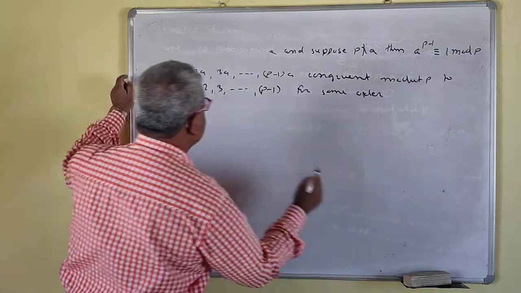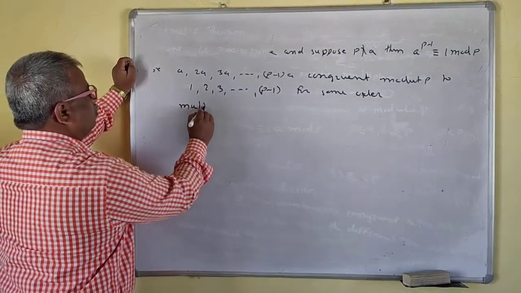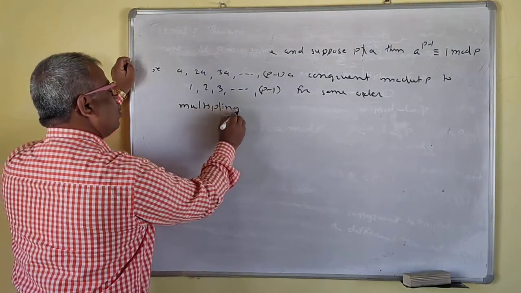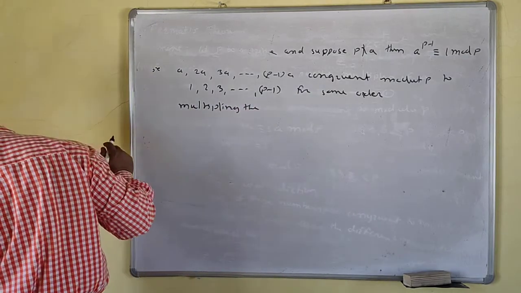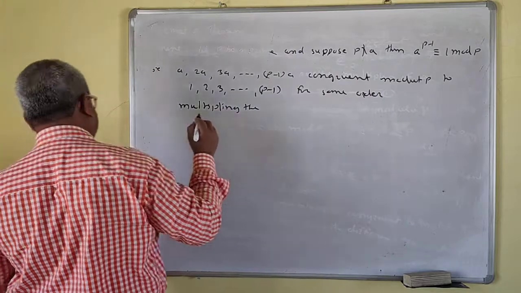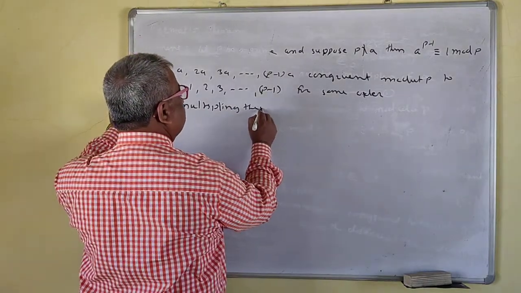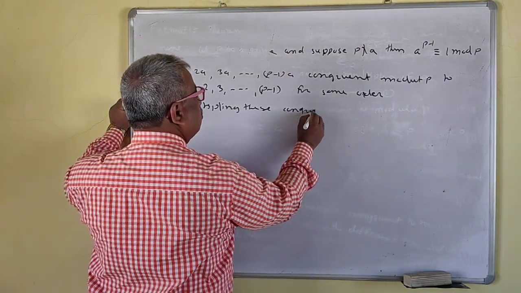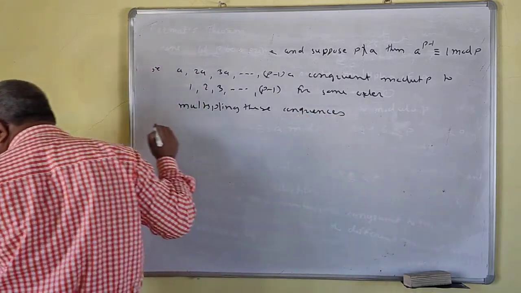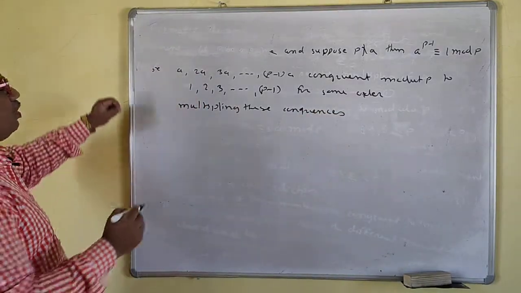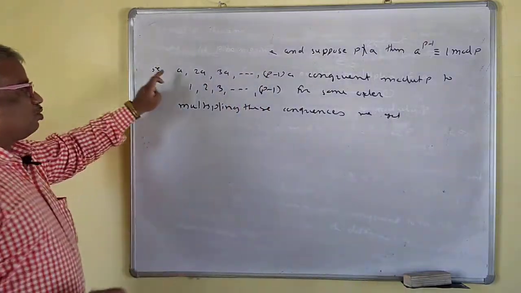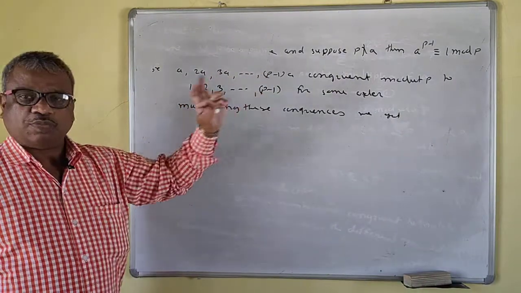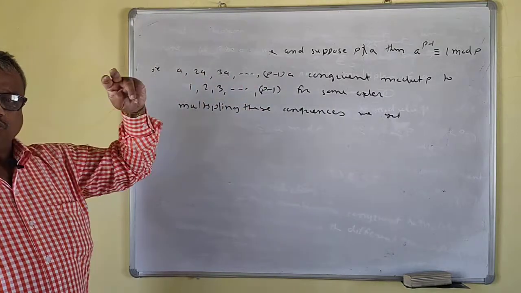Multiplying these congruences, we are multiplying: a is congruent to some number mod p, twice a is congruent to 2 modulo p, something like this.